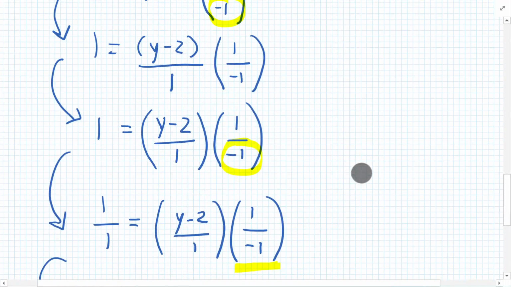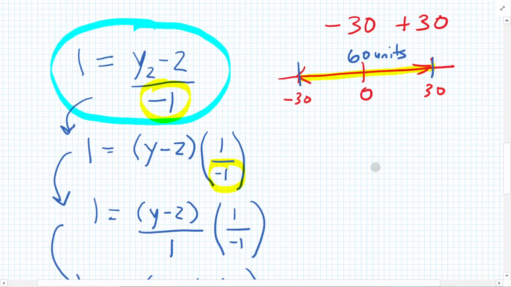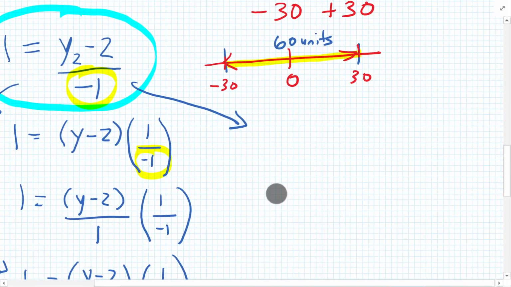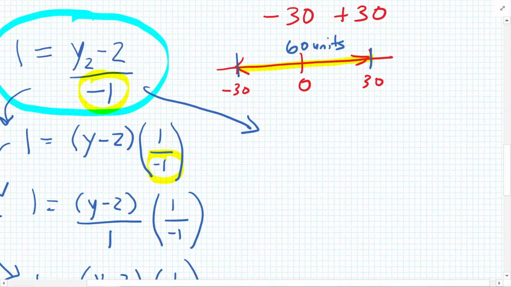Well, let's take a different railroad track and show it another way. Here I have 1 equals y2 minus 2 over negative 1. I haven't changed the problem, I'm just bringing it down and rewriting it.